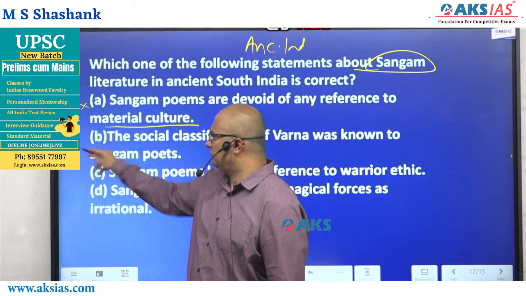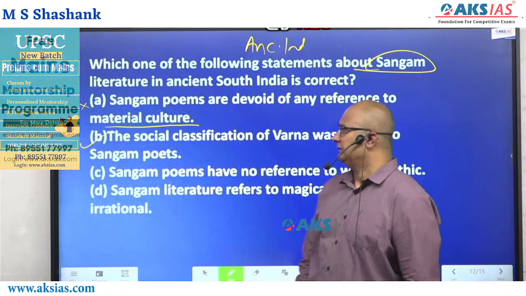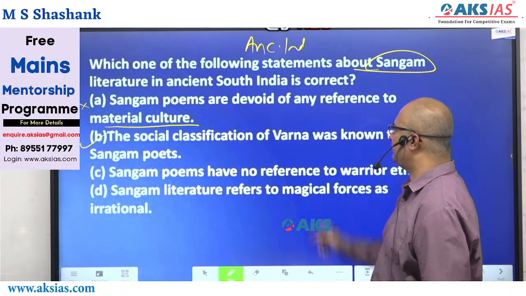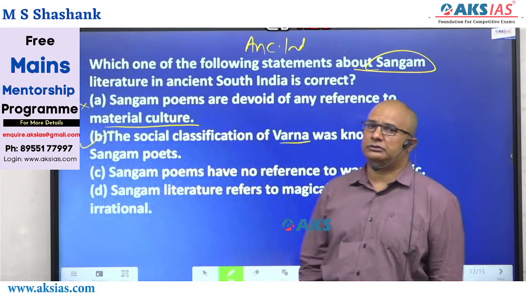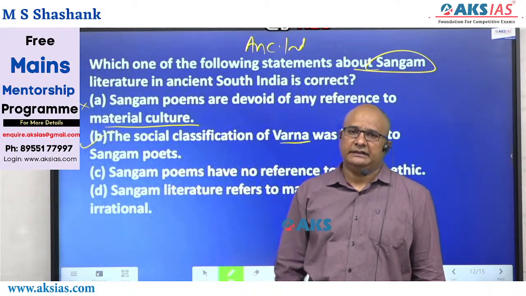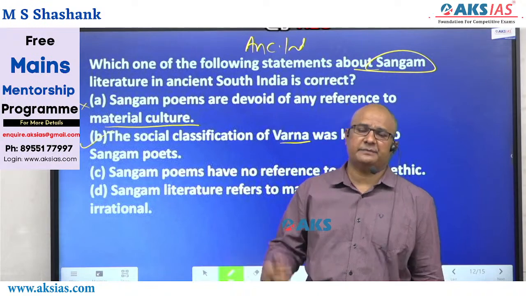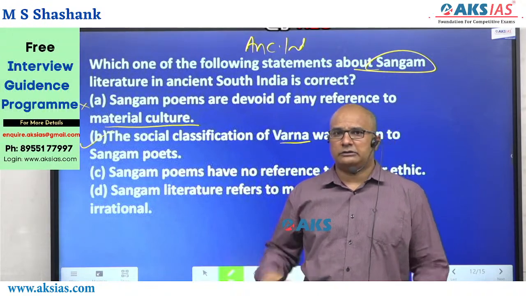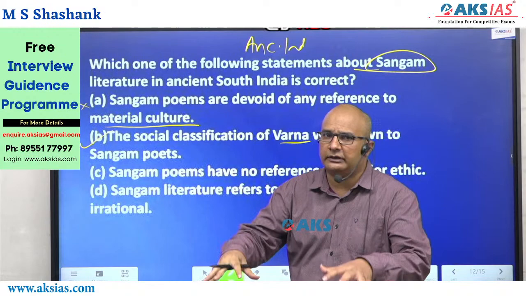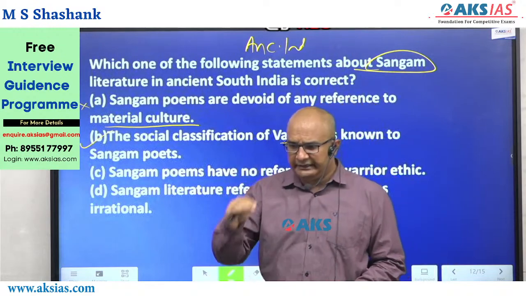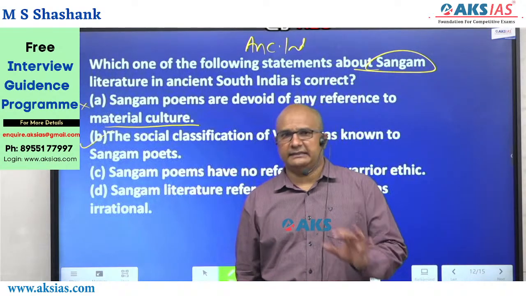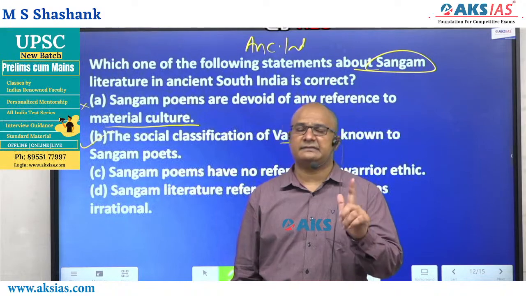Statement 2 is actually the right answer. The social classification of Varna was known to the Sangam poets, yes. In fact, many of the poets were Brahmins themselves. So, although the Varna system was not consolidated in a completely stratified way, still they had awareness of Varna, yes, they did know about it.